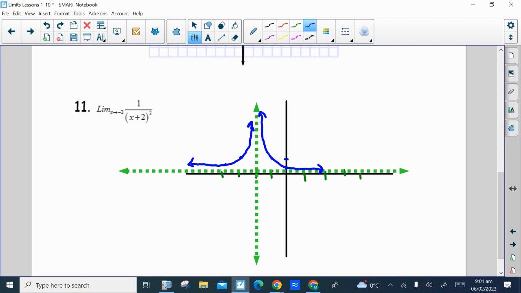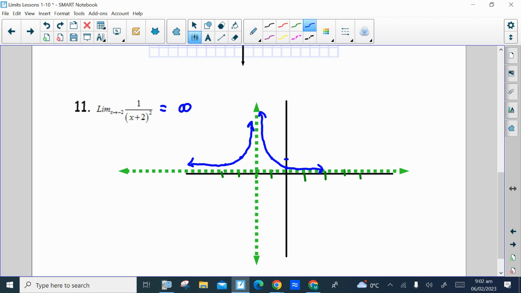And in this case, on either side of -2, the graph is approaching the same value. It's approaching a value of +infinity. That's the answer to this limit. As x gets closer and closer to -2 on either side of the asymptote, that graph just keeps going higher and higher.